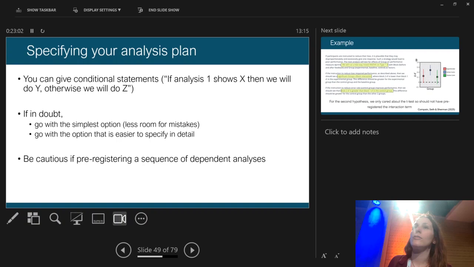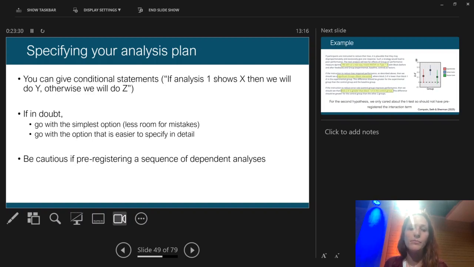But sometimes the project is much more involved, and the way in which you're going to test your question requires lots of steps, and you have maybe follow-up questions. So you can always pre-register conditional statements. That's absolutely fine. So if some analysis shows something, then I'll take this approach. But if it doesn't, or my data are distributed in this way, or I have this strange effect, then I'm going to take that approach instead.